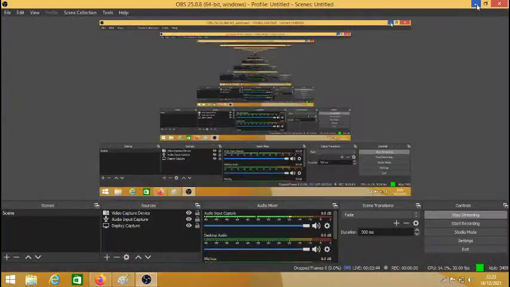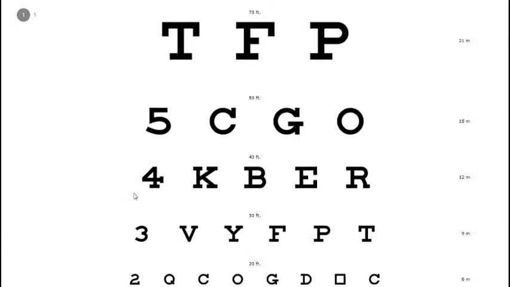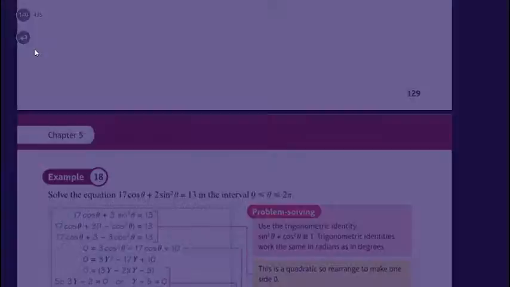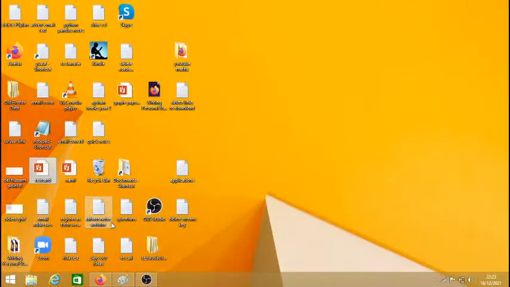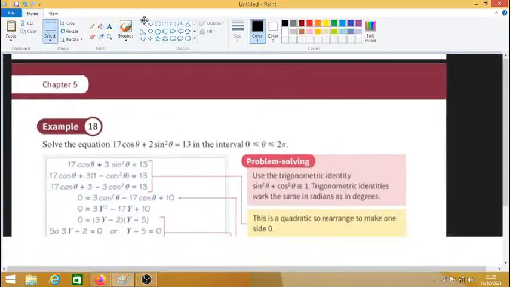Let's pull off a trig equation. If you're following through in the exercise in the textbook, it's the Edexcel Pearson UK A-level textbook.